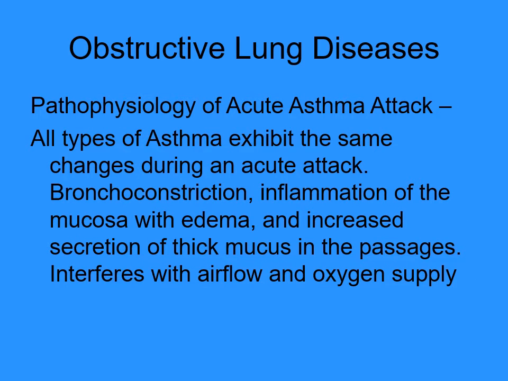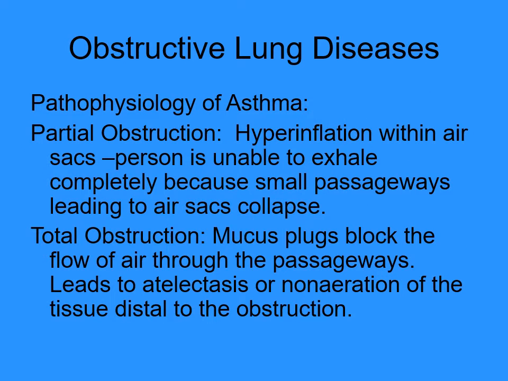Pathology of acute asthma: all types of asthma exhibit the same changes during an acute attack: bronchoconstriction, inflammation of the mucosa with edema, and increased secretion of thick mucus in the passages. Interferes with airflow and oxygen supply.